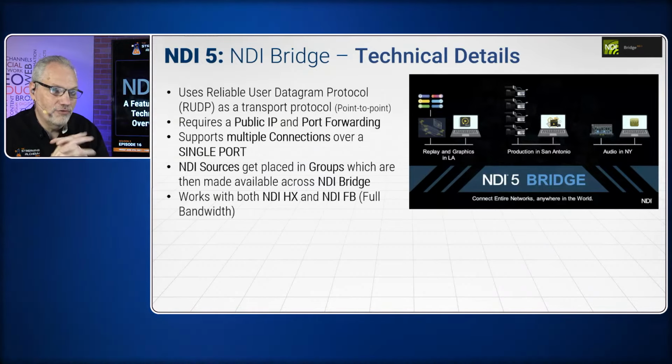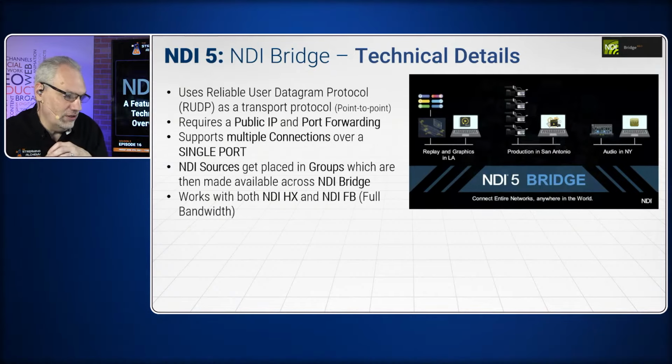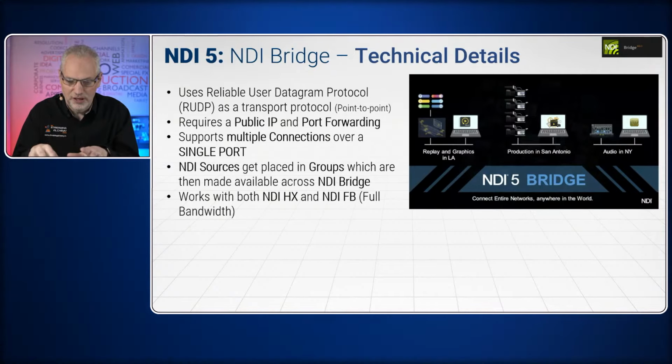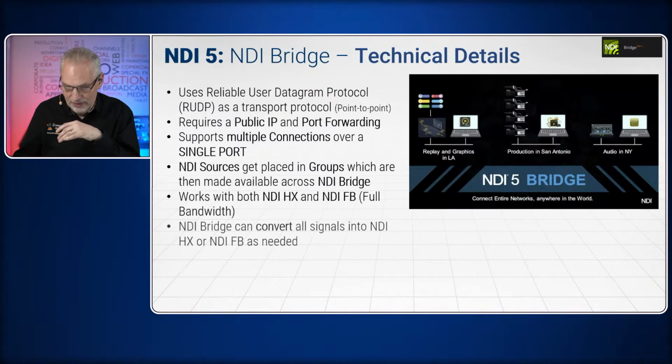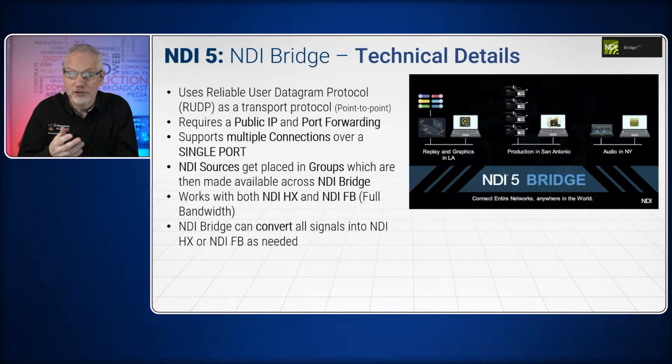It can be feeds from CG systems or other types of graphics that are full NDI, or local cameras that are full NDI. So all of these bundled together in a group can now be transported. And the other thing that NDI Bridge can do is it can convert all signals into NDI HX or NDI full bandwidth as needed. So this is definitely pretty cool.